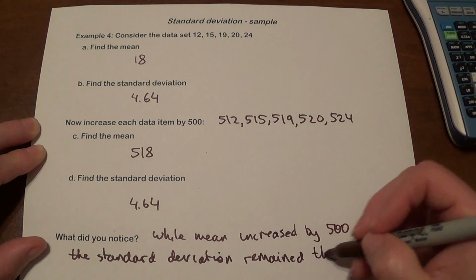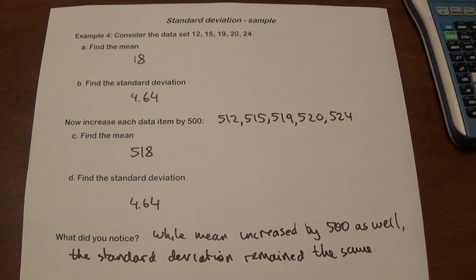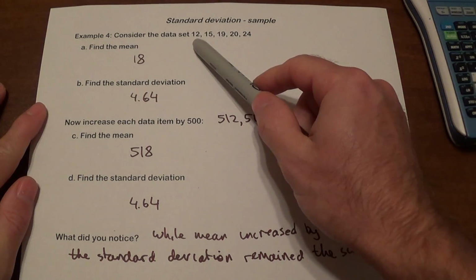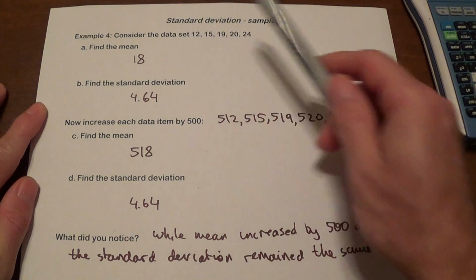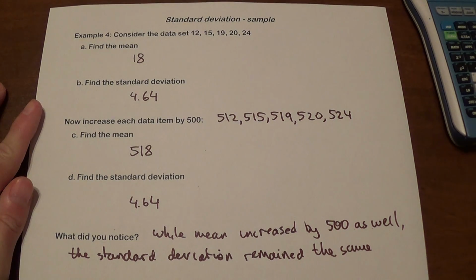Because remember, the standard deviation shows how spread out the values are, and since we only increased everything by 500 but the values remained just as spread out as they were before, that's why the standard deviation did not change. Okay, I hope this was helpful.